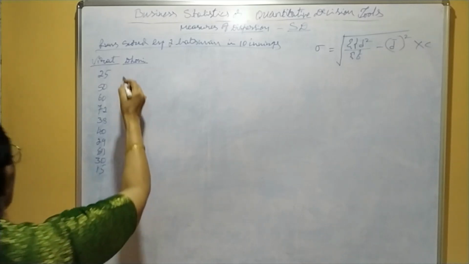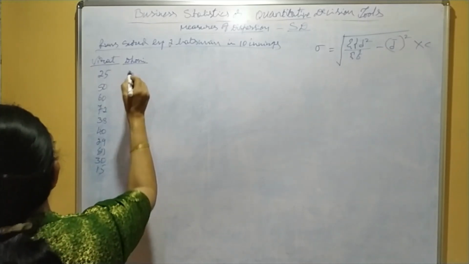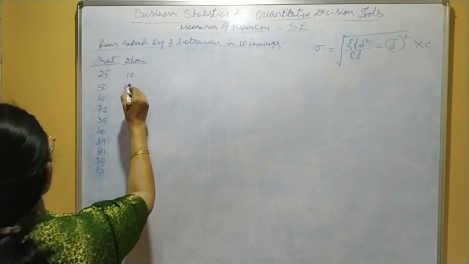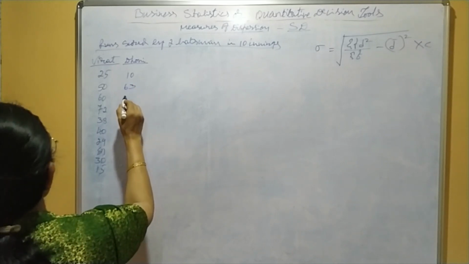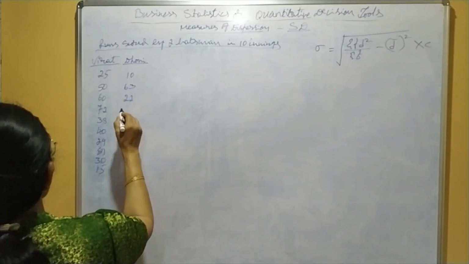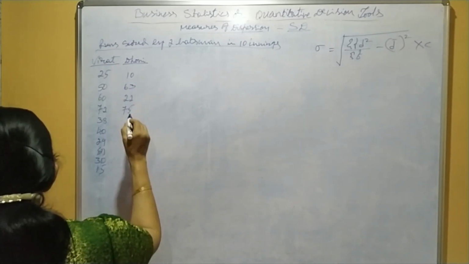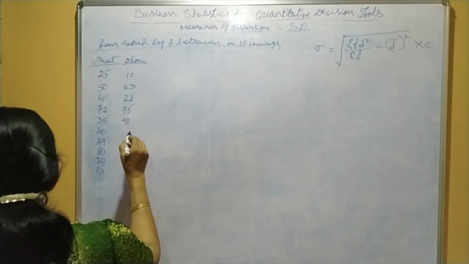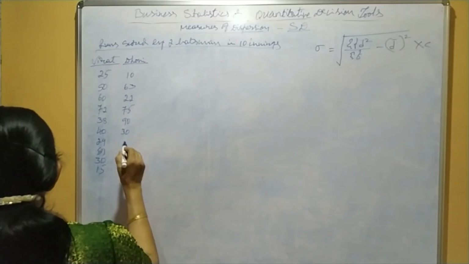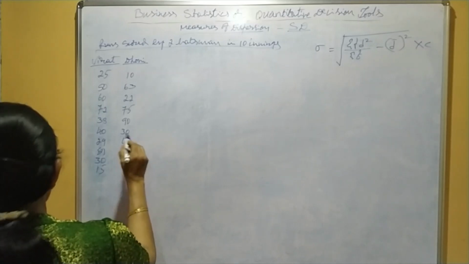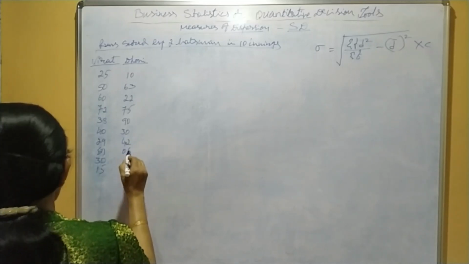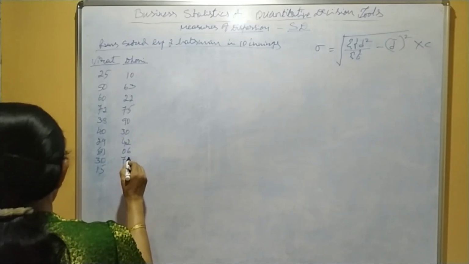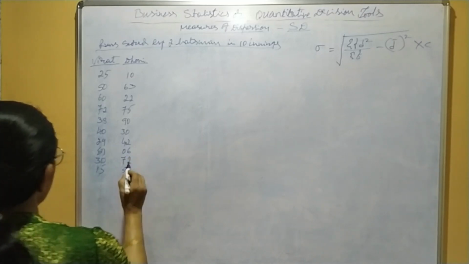Okay, then Dhoni 10, 63, 22, 75, 90, 30, 42, 6, 72, 50.